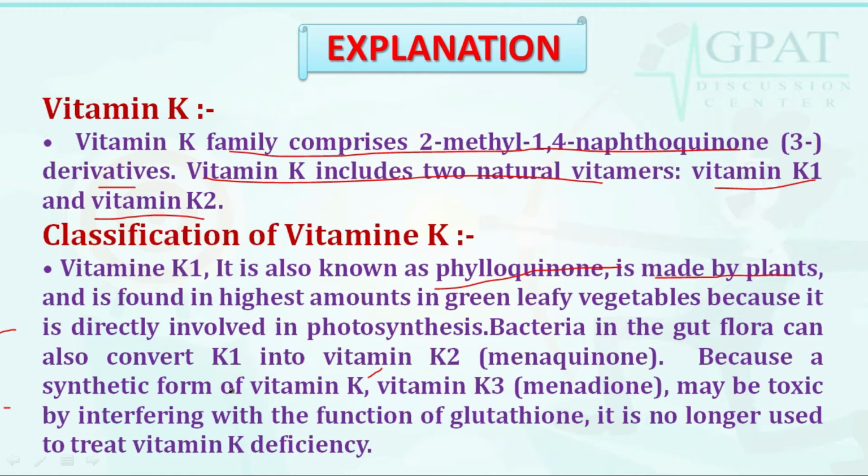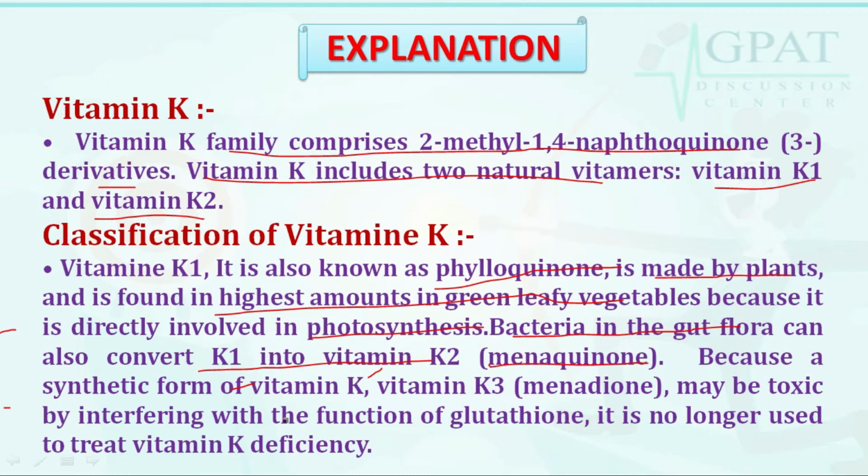and it is formed in the highest amounts in green leafy vegetables because it is directly involved in photosynthesis. Bacteria in the gut flora can convert K1 into vitamin K2, that is menaquinone.